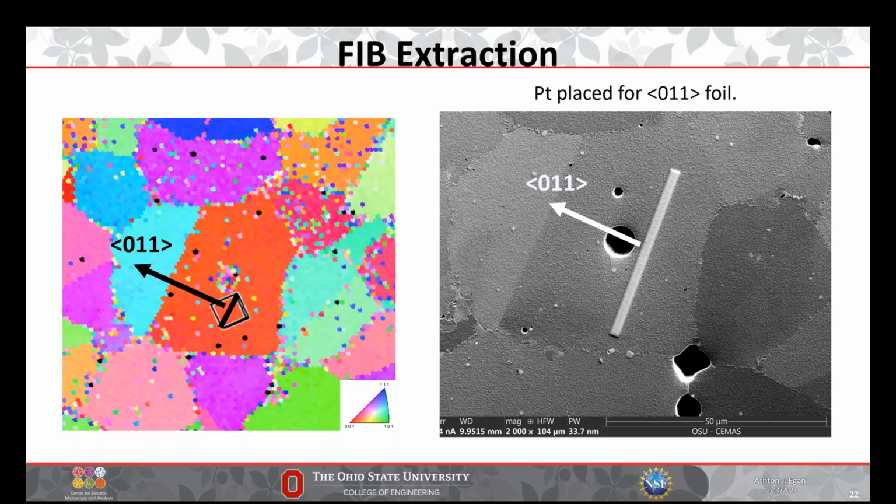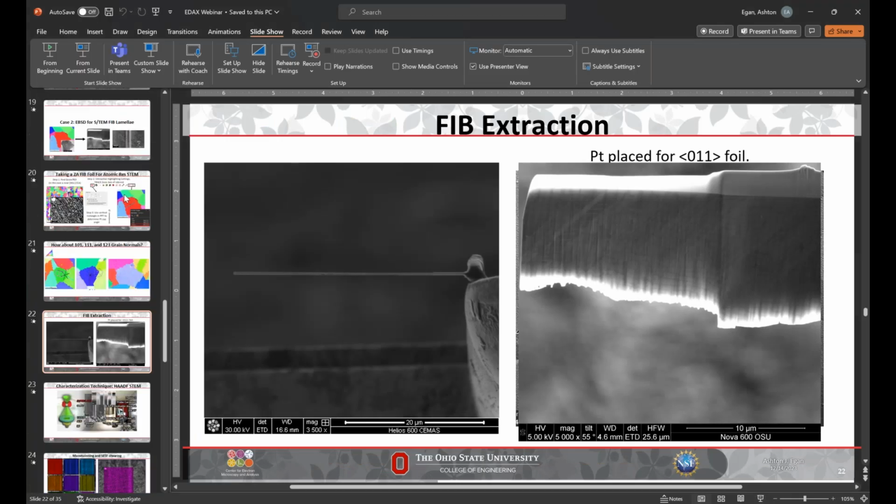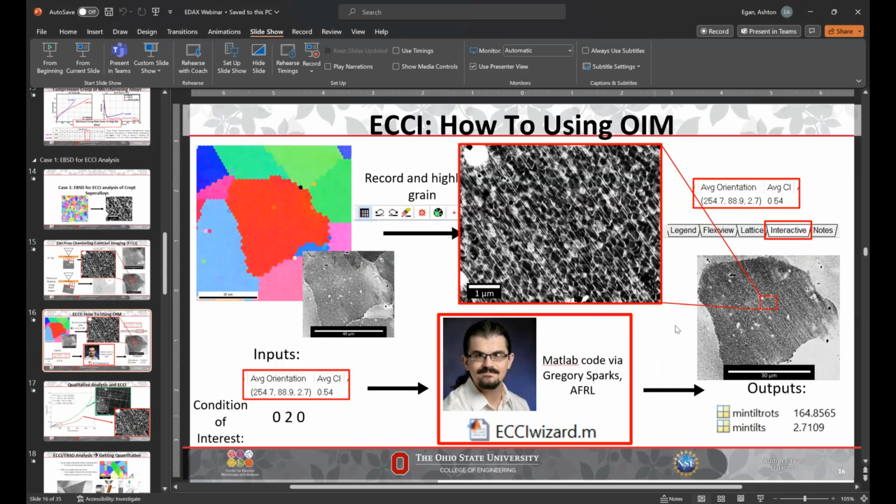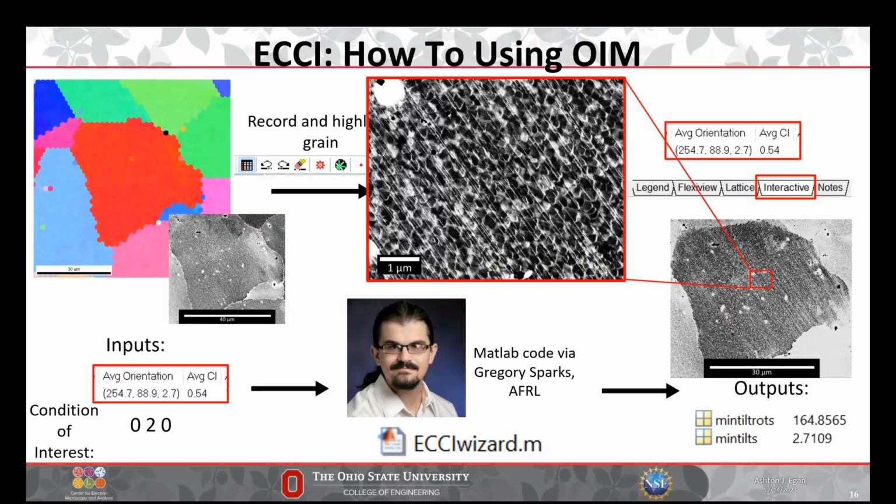Okay, one final question. How do you determine the rotation, tilt, and angle for ECCI analysis? Yeah, as I described earlier, that is where Greg Sparks' magic comes in. You take an EBSD map, get the Euler angles of the grain you're interested in, and that gives you a vector, an XYZ vector in sample orientation space, which would be the grain's normal.